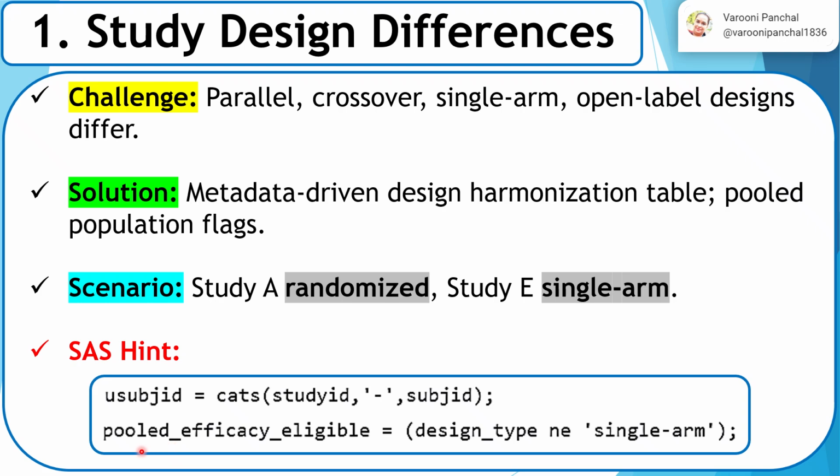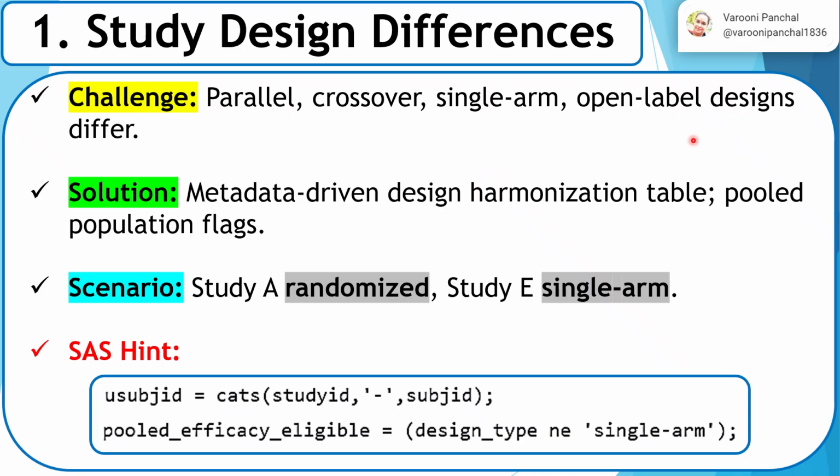Now you need to ensure that whatever designs are present in those 12 studies, the pooled efficacy eligibility criteria are defined. So for example, if most of the studies are related to 2 treatments, say in parallel and crossover we have 2 treatments, right?